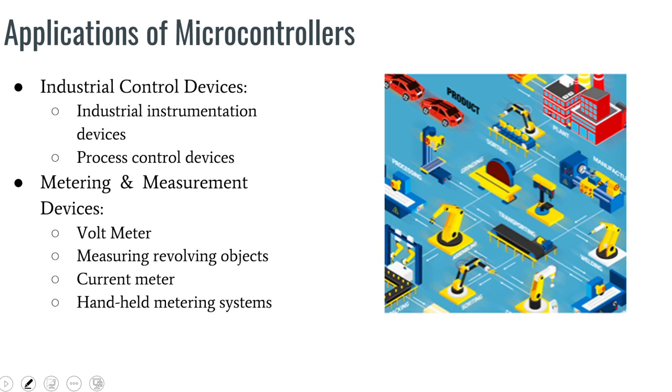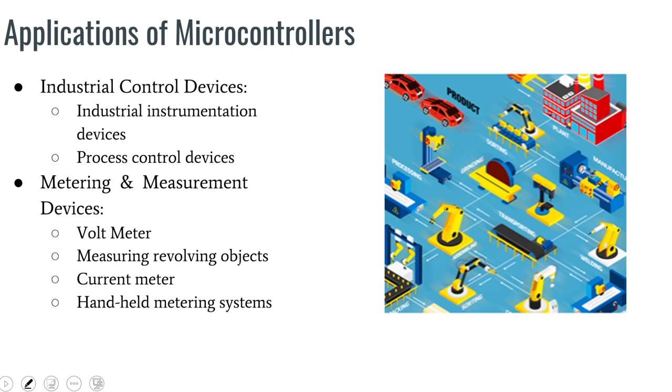Then when we go beyond a home environment, we can even find microcontrollers in a lot of industrial control applications. So industrial devices, process control devices, when we are building these digital control systems, many of the times the main core computational aspects of these digital control systems can be put in a microcontroller.